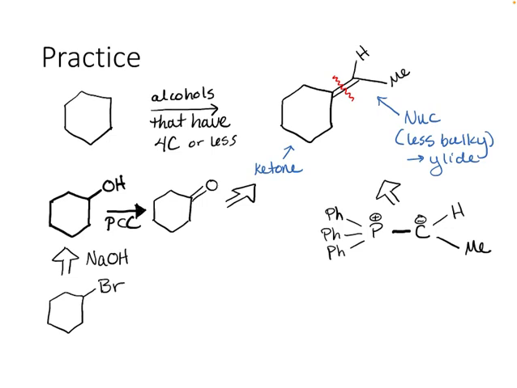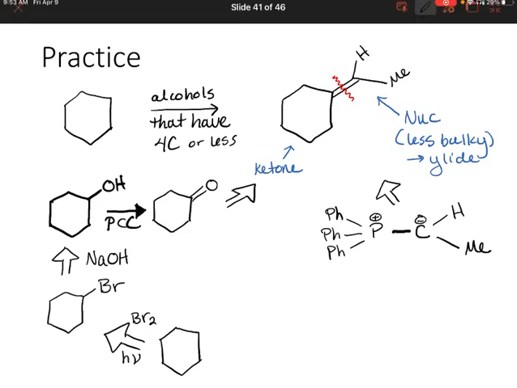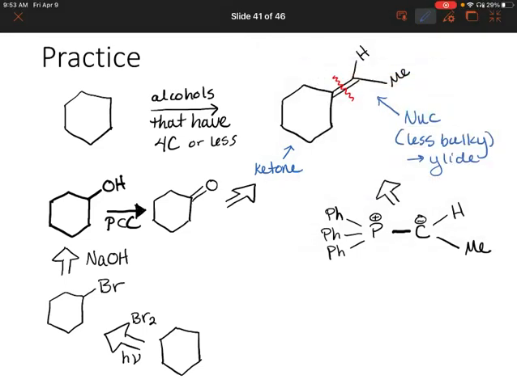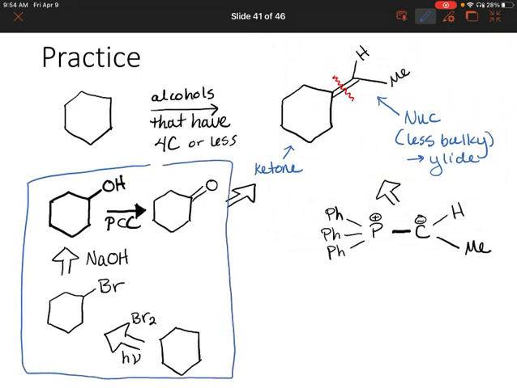And is there any way to get a bromine on cyclohexane? What reaction do we know? We could use a radical reaction, Br2 and light. Okay, so that is our synthesis for converting cyclohexane into a ketone.